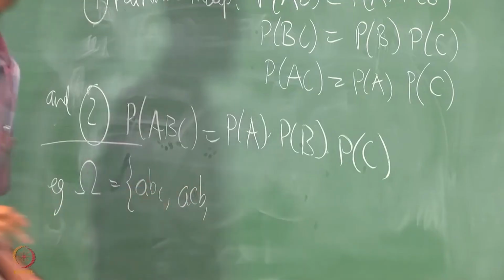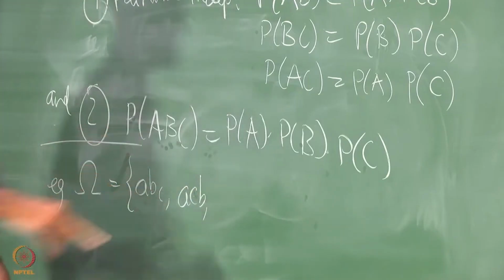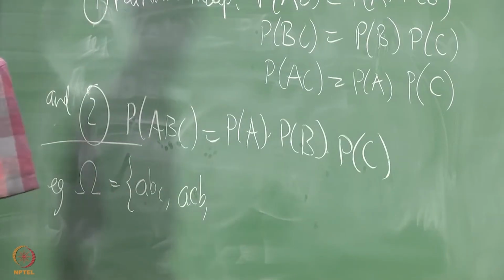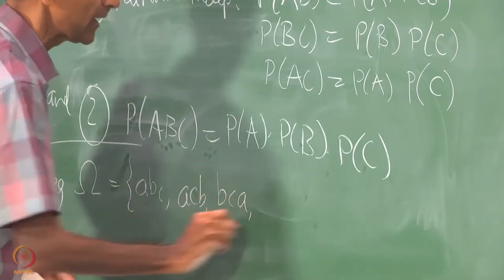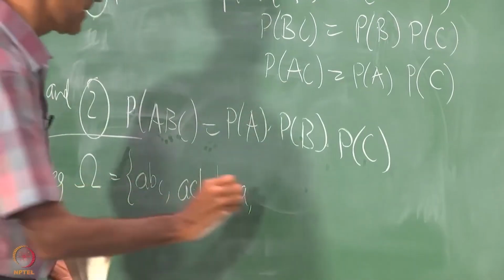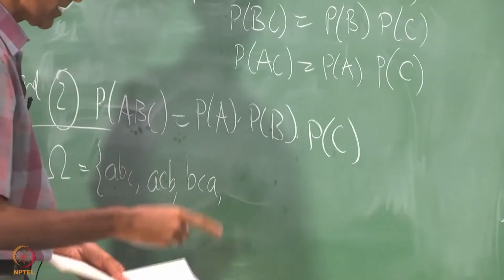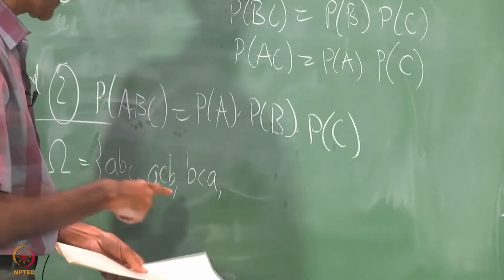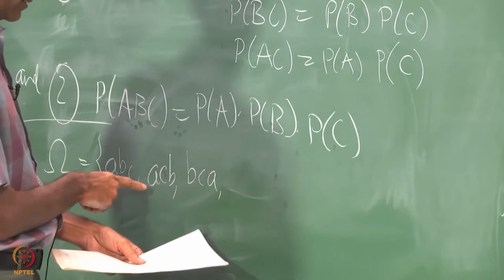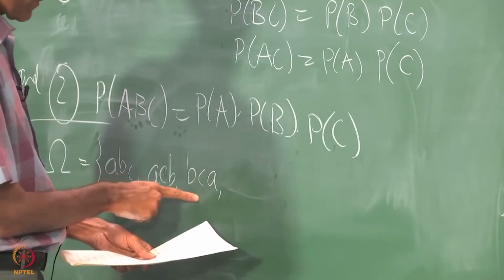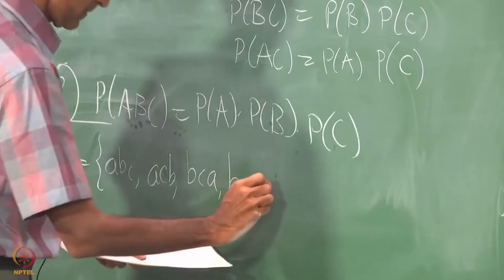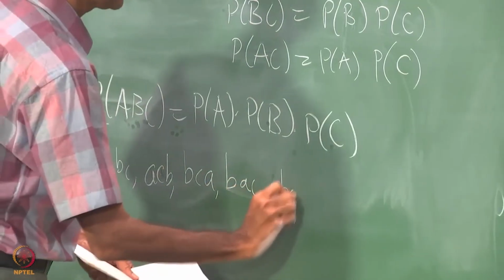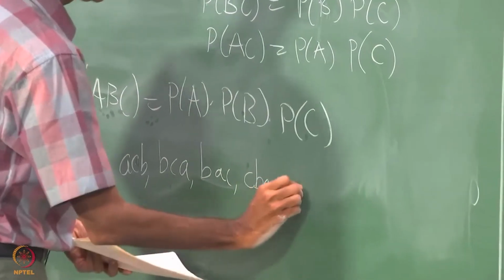These are now not events, A, B, C are just 3 characters I am writing down on a piece of paper, and I am going to pick any one of these strings with equal probability. How many strings? I have 9 strings, and the order is very important. A, B, C; A, C, B; B, C, A; B, A, C; C, B, A; C, A, B.